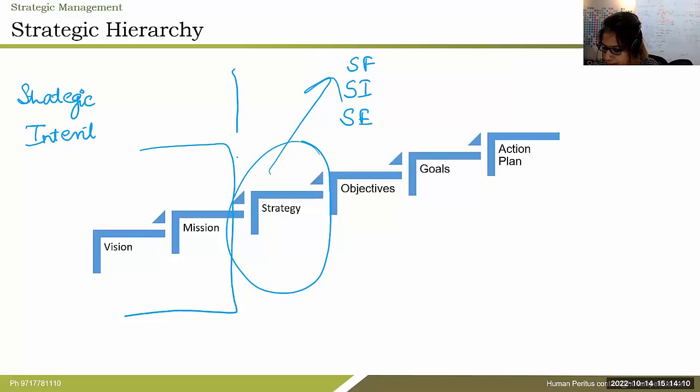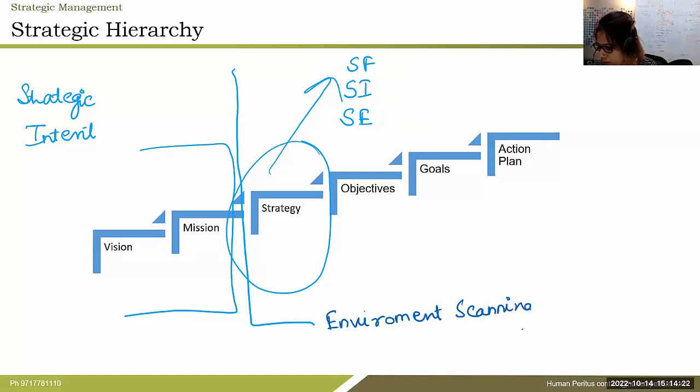In between this, as I told you yesterday, there will be environment scanning. So strategic intent, the vision and mission part, then environment scanning, and then we lead towards the strategy, how the objective leads to the goal, and then the action plan.